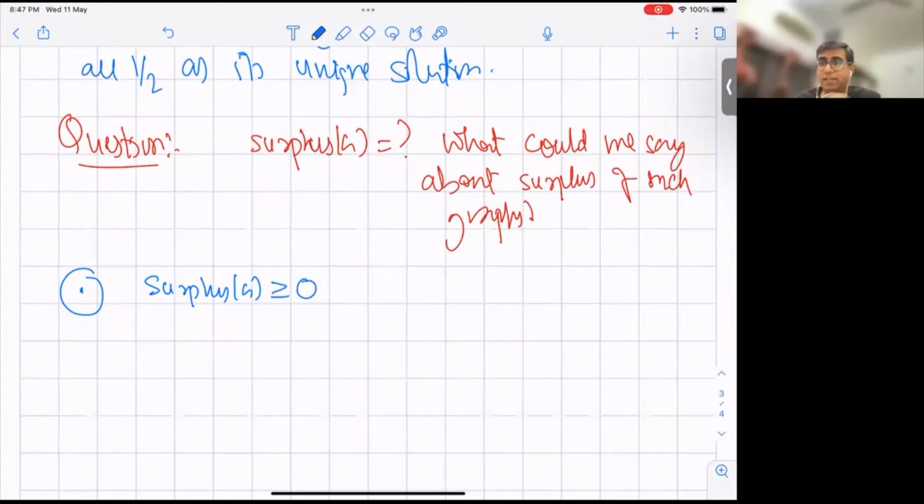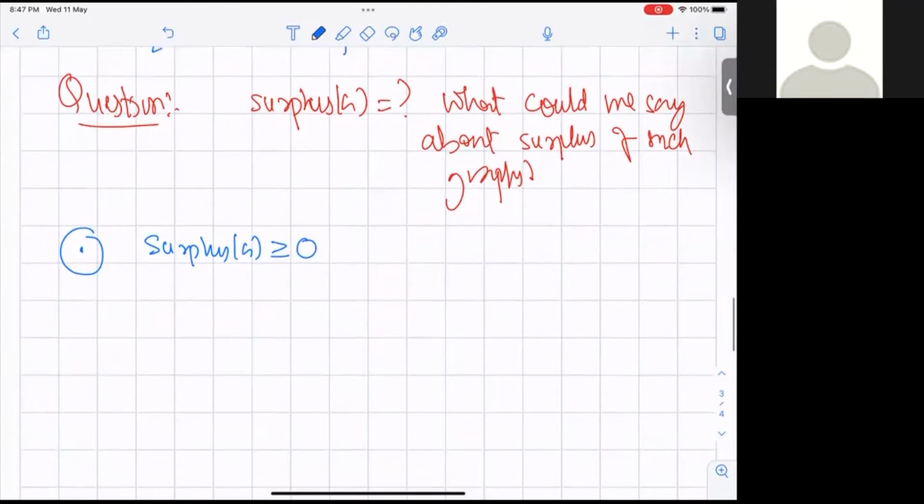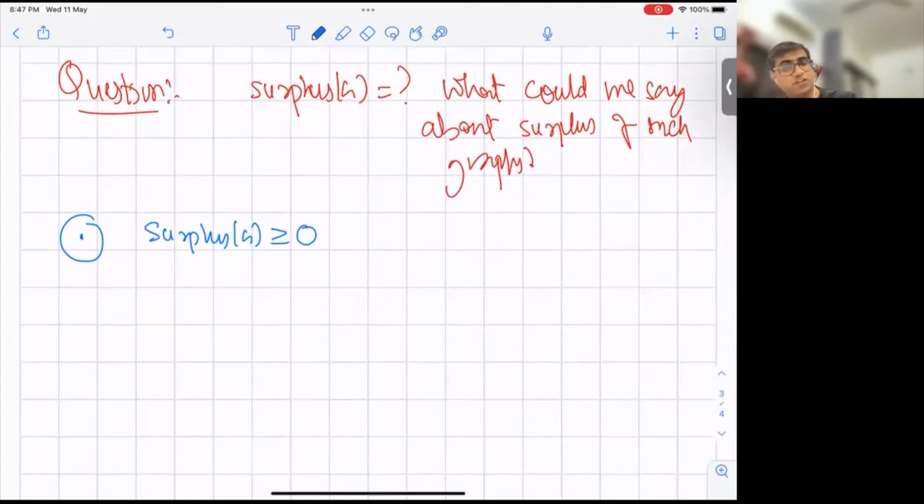Yes. Look, it has nothing to do with whatever we did before, right? Even by just definition, what would it imply if the surplus of G is negative? Not sure, need to think about it more. Okay, so what's the definition of surplus of G?